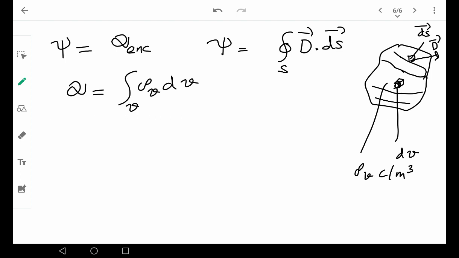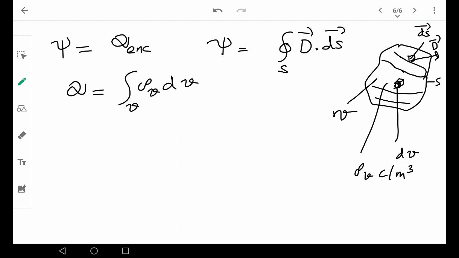You have a volume V that is enclosed by a surface S, right? This is a surface S, and this volume is the volume V. You take the integral of the flux density over the whole surface. That will be equal to the integral of the charge density over the whole volume. Now you can equate these two things.